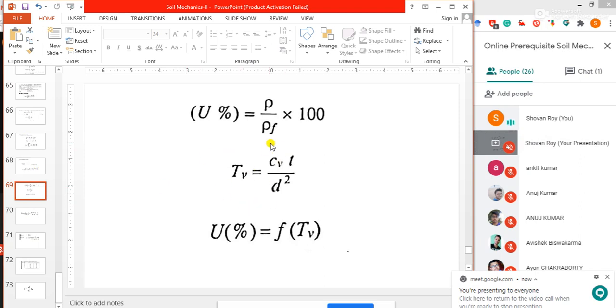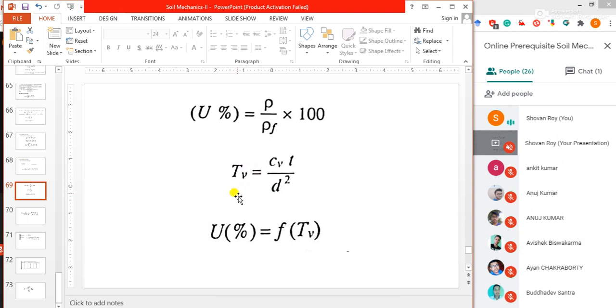Also, time factor: when we use the time factor equation, Tv equals Cv into T by D square. Cv is the coefficient of consolidation, T is the time, D is the drainage path, and it should be D square. Therefore, the relation between the degree of consolidation U and Tv is that U is a function of Tv.